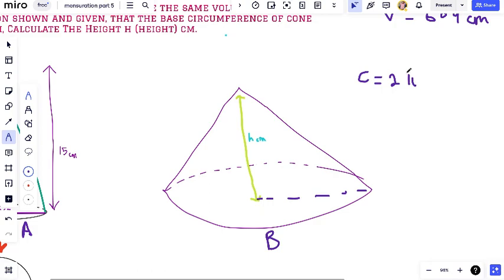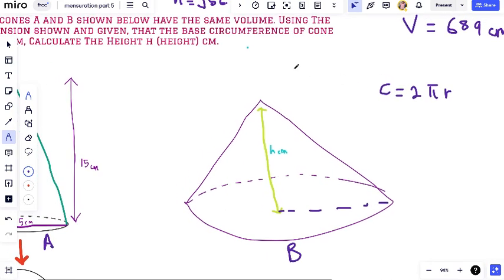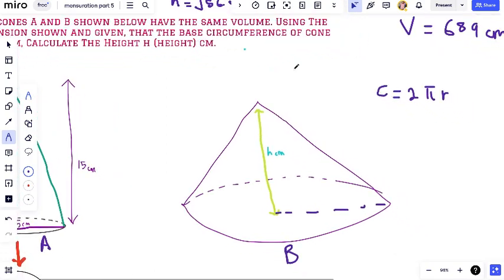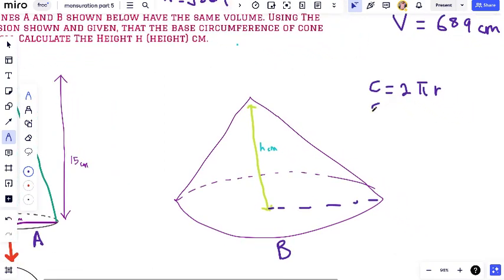Remember they say the base circumference of B is 60 centimeters. So 60 divided by 2 pi is equal to r.